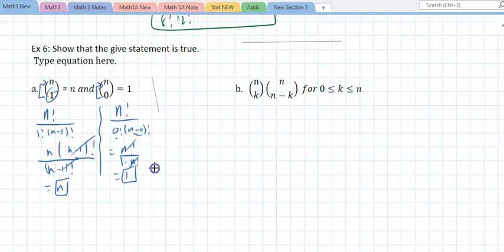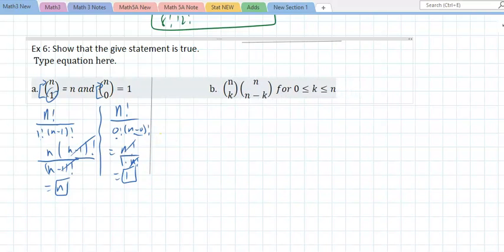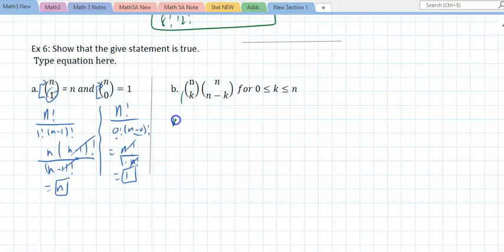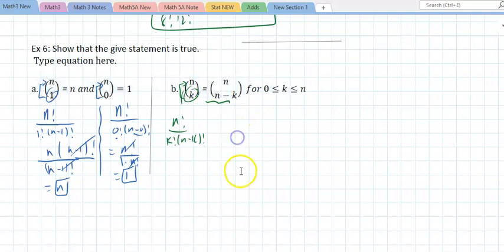And if I want to apply that to this part B, let's see how those could be the same. This is n factorial over k factorial, and the difference of those, n minus k factorial. I messed up on that one. That's what I meant to write. Sorry.